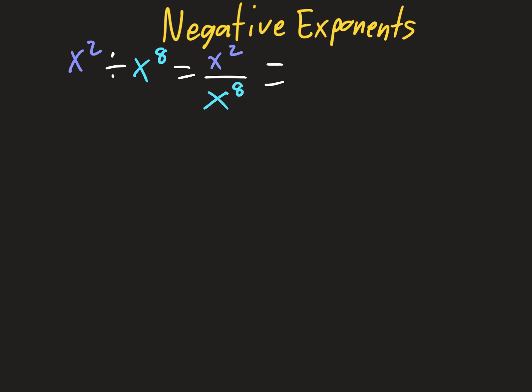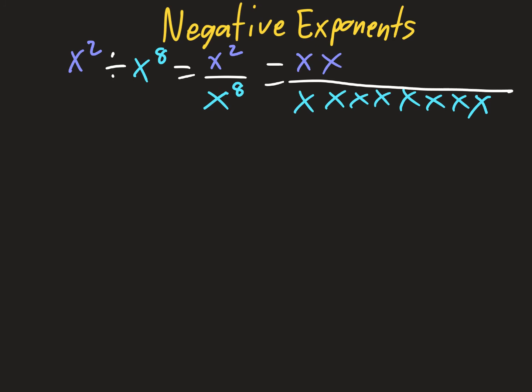After canceling these out, what we would have is nothing on the top, and that means we're just going to use 1 because any number divided by itself is 1. And then on the bottom, we actually have 6 x's, so x to the 6th.